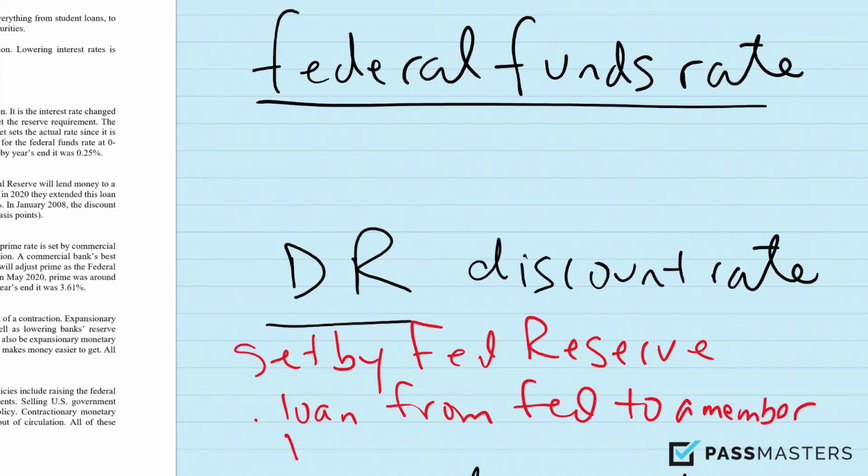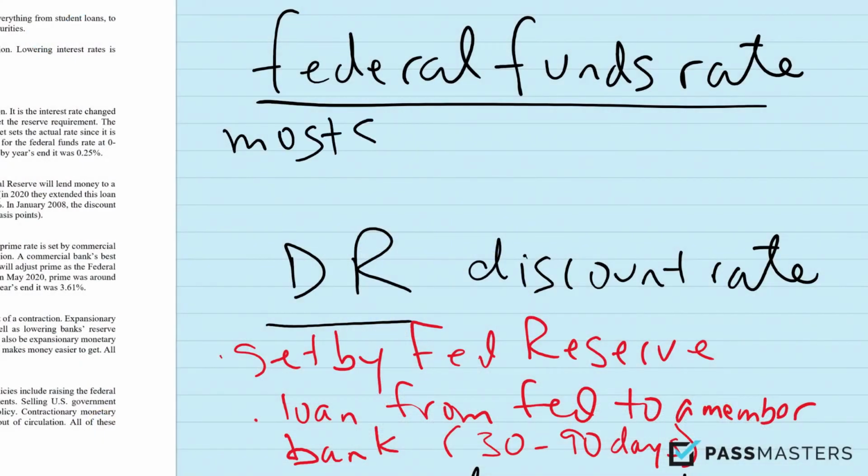It is a short-term loan ranging from 30 days to 90 days. If you have ever heard reference to the lending window of the Federal Reserve, that's what we're talking about: the discount rate, where the Fed lends money and charges the discount rate to the member bank.